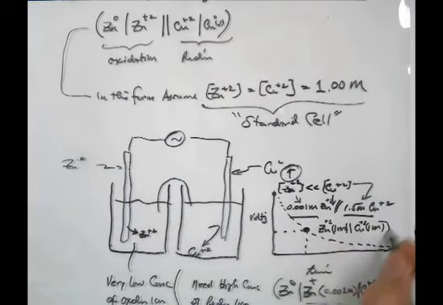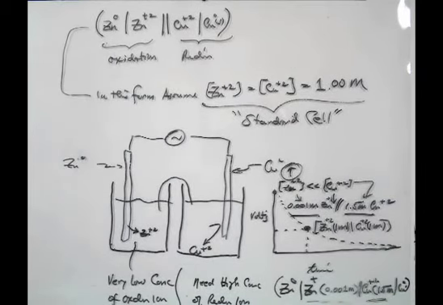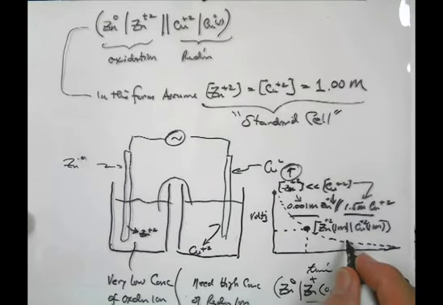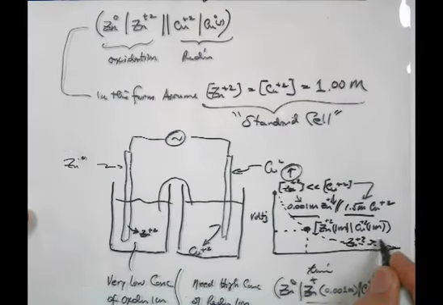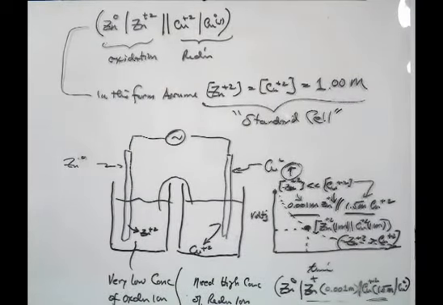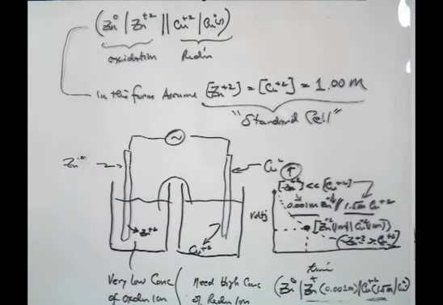And so for one instantaneous moment in time, you have the standard cell. And once you get below that, the issue reverses, and zinc concentrations are greater than copper concentrations until your battery dies. Okay, so your zinc is built up and your copper goes away and you've got a dead battery.